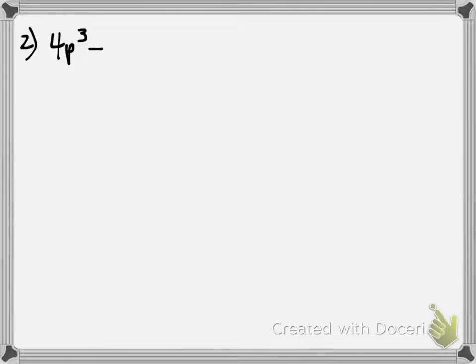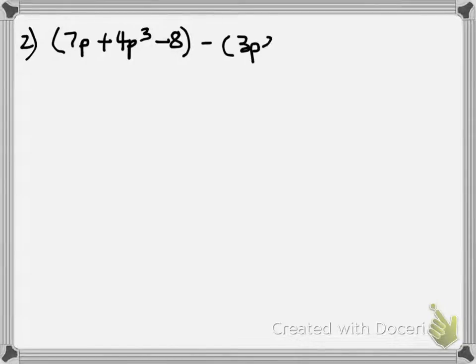Let me start back from something else. I'm going to do this a different way. We've got 4p cubed plus 7p minus 8, and I'm going to subtract from this the 3p squared plus 2 minus 9p.